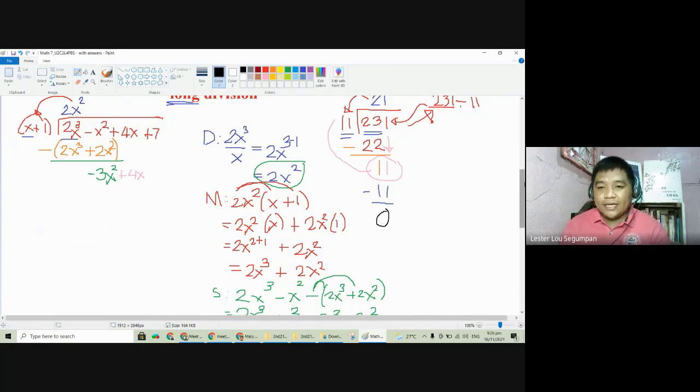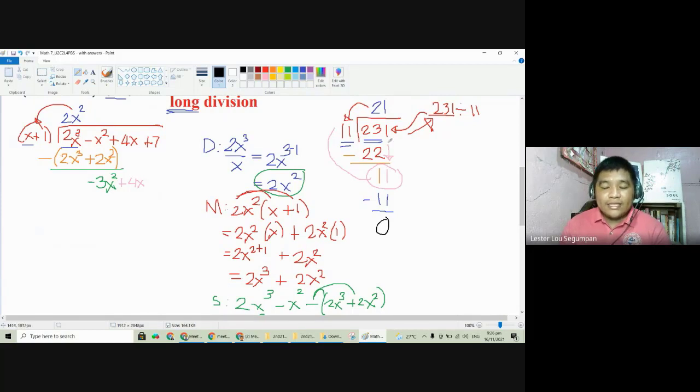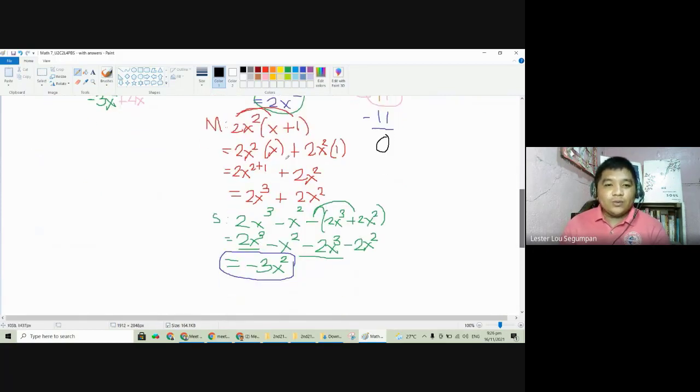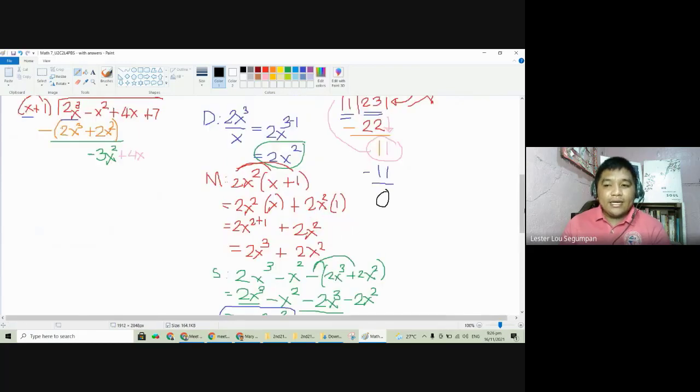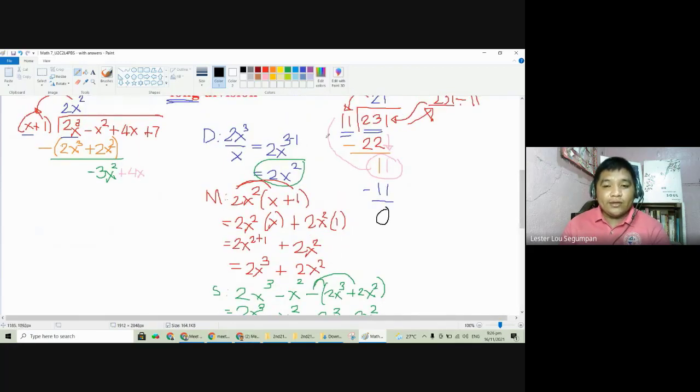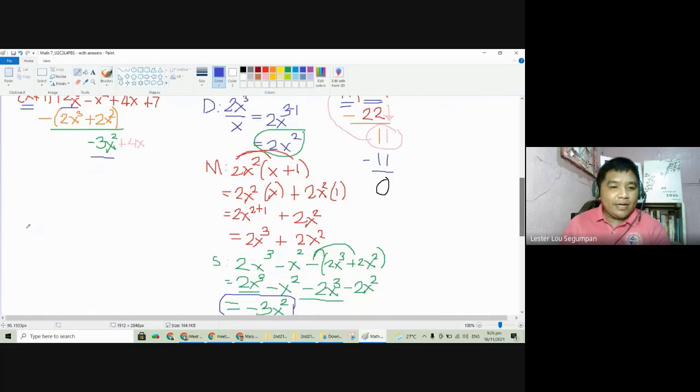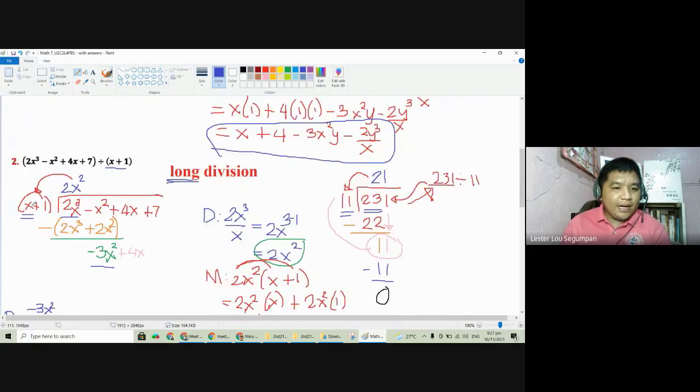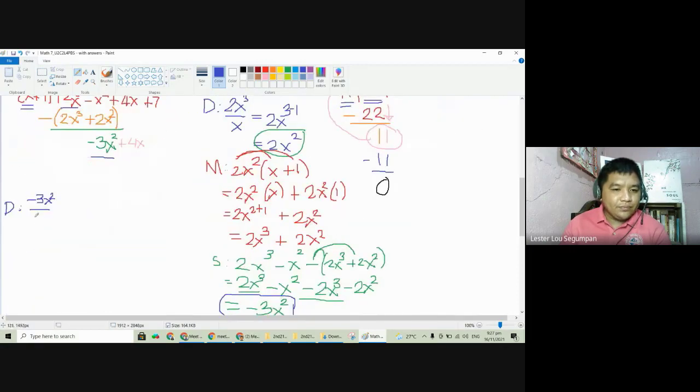My point for this is, again, once we brought this last digit down, repeat the operations. So once we brought plus 4x, repeat the same operations. And what are those operations? We start with the division of the first term to the first term. Let me write it here. The division, so you have here negative 3x squared to be divided by x.